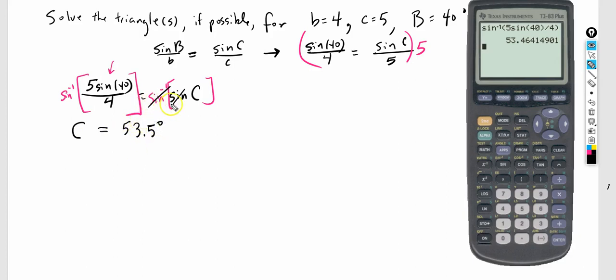Now, there are 2 possibilities when you're taking an inverse sine. Your calculator is only going to give you the one that is acute, that lives in quadrant 1. There's a second possibility, and the way you find that is you take 180 and subtract your first possibility from it.